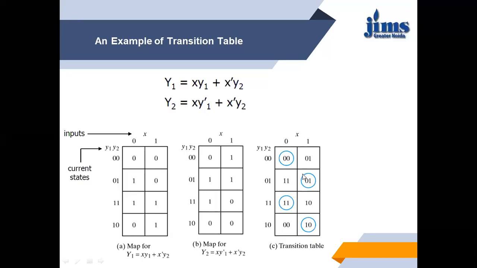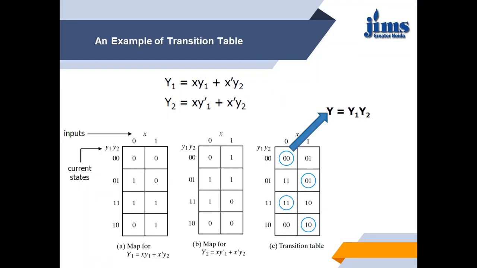The 0, 1, here is 0, 1, that is circled. 1, 1, again 1, 1 is circled. 1, 0, 1, 0 is circled. Whatever is the circled state is known as a stable state. So whichever state is circled in a row is known as a stable state.